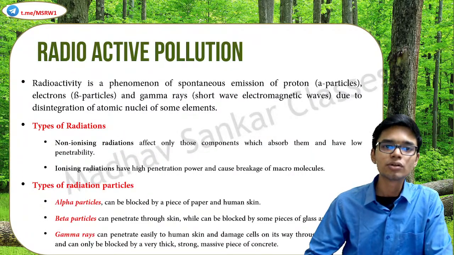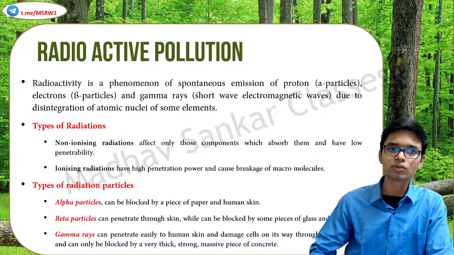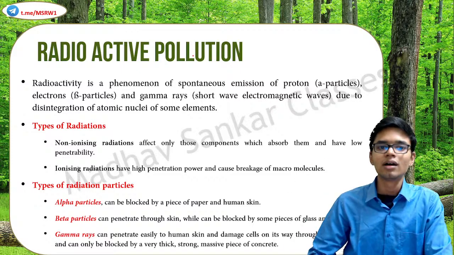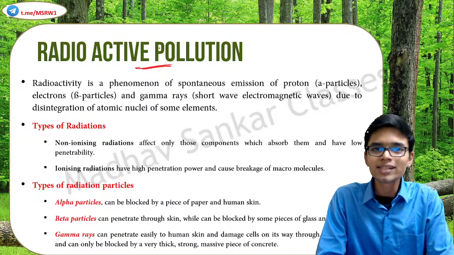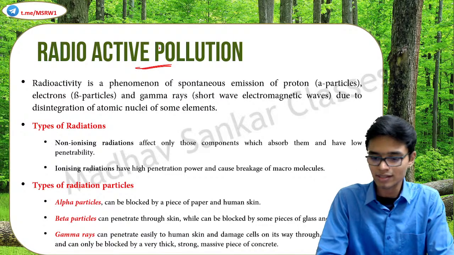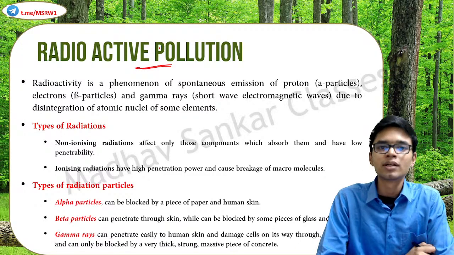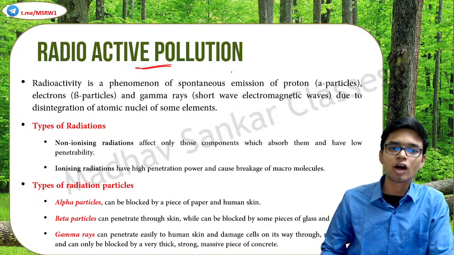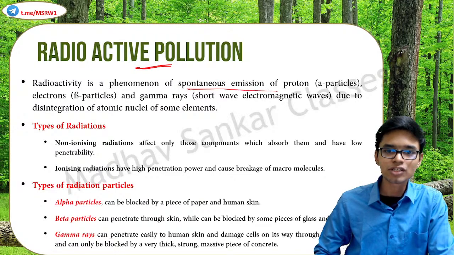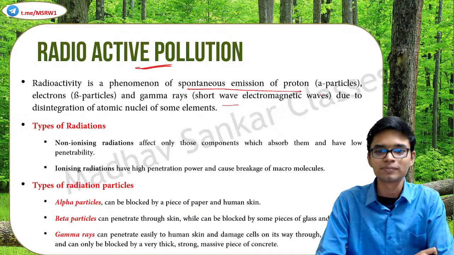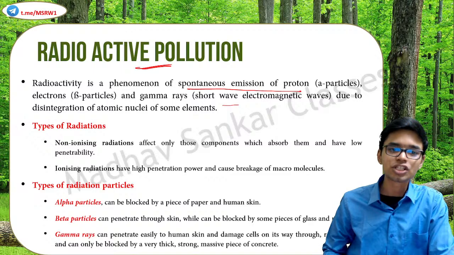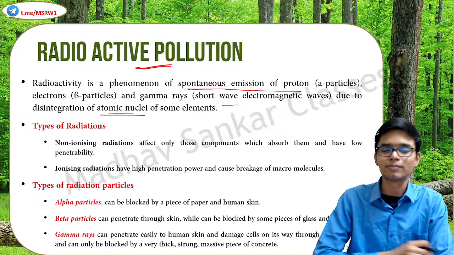We have completed up to noise pollution, so this is the next topic: radioactive pollution. So what exactly is radioactive pollution? But before that, what is radioactivity? Radioactivity is a phenomenon of spontaneous emission of alpha particles, which are protons, beta particles, which are electrons, and gamma rays, which are short wave electromagnetic waves, due to the degeneration of atomic nuclei of some elements.